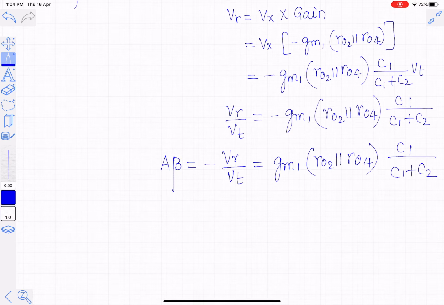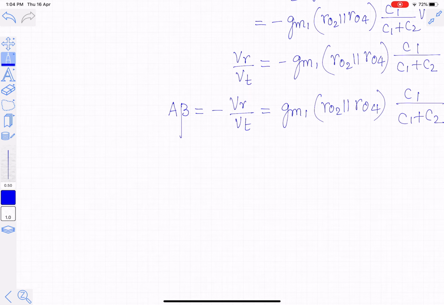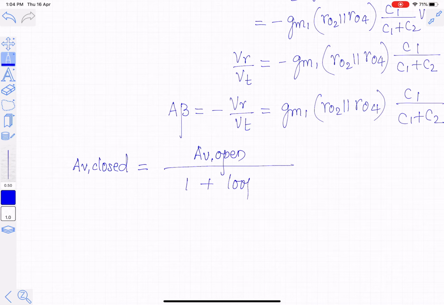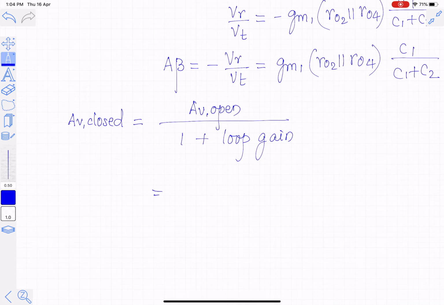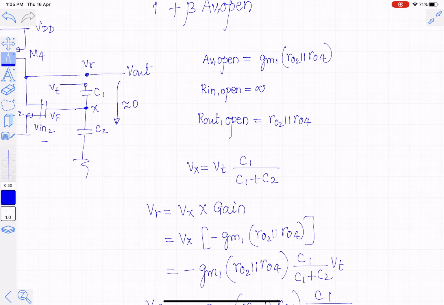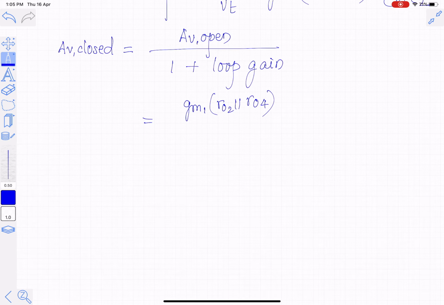Once we have the expression for loop gain, it is very simple to write the expression for AV closed. AV closed is always equal to AV open divided by 1 plus loop gain. So which is equal to AV open, GM1 into RO2 parallel RO4, we have written it previously, divided by 1 plus loop gain.